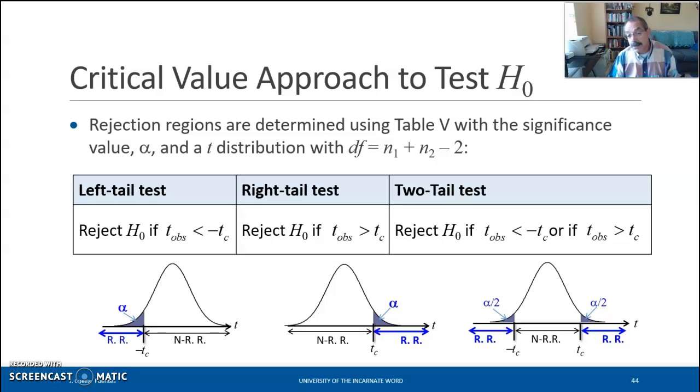If you have a right tail test, now we're looking to the right of some critical value, and we're going to use alpha to find it, and that comes directly from table 5. If we have a two-tail test, then again we use table 5, and we divide alpha by 2 to find the two critical values that define the two rejection regions.